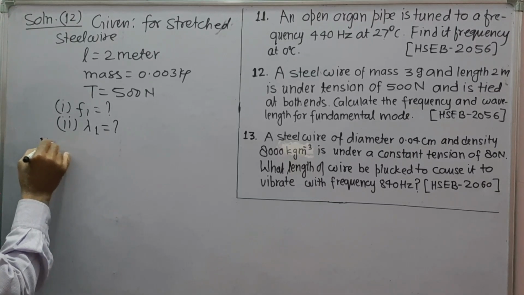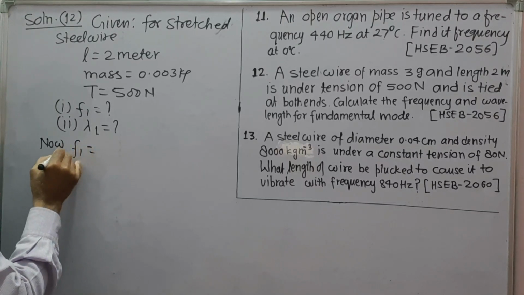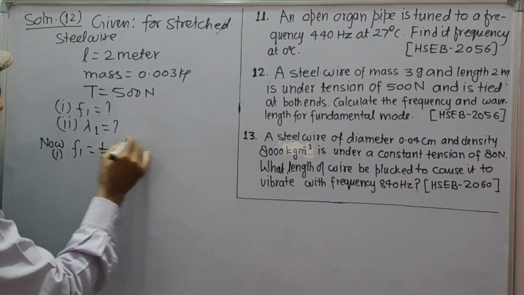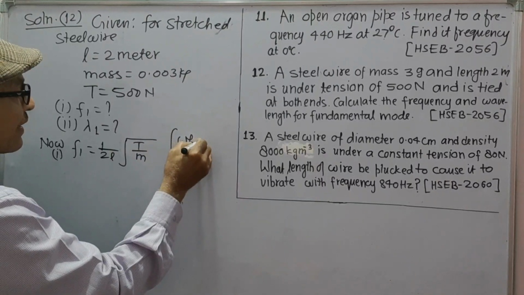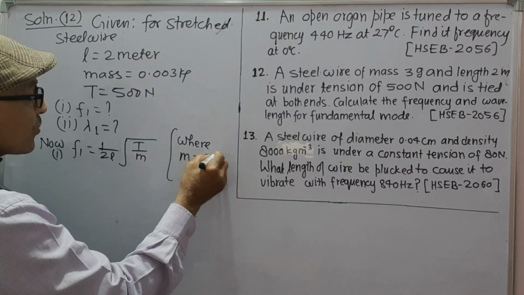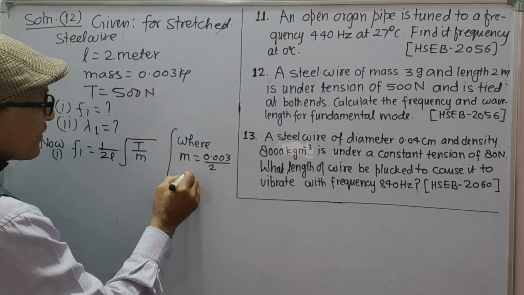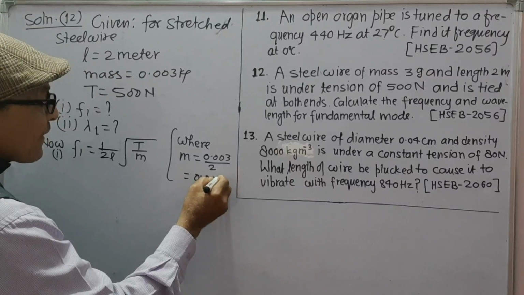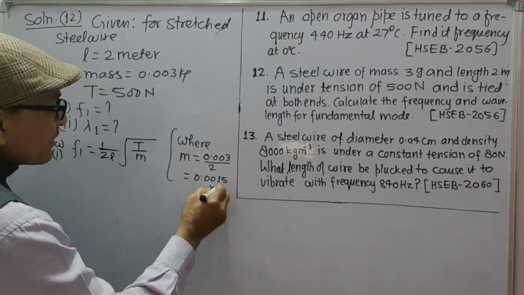Now, F1 will be equal to 1 upon 2L under root T by M, where M is mass per unit length, mass is 0.003 upon length 2, this is 0.0015 kg per meter.